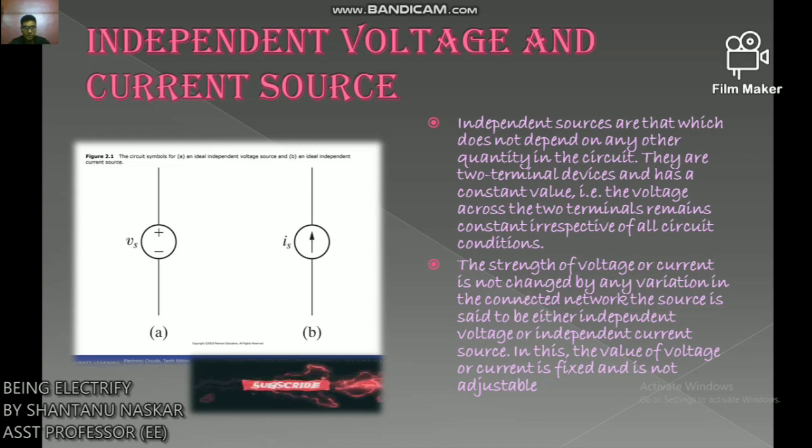The strength of voltage or current is not changed by any variation in the connected network. The source is said to be either an independent voltage or independent current source. In this, the value of voltage or current is fixed and is not adjustable.